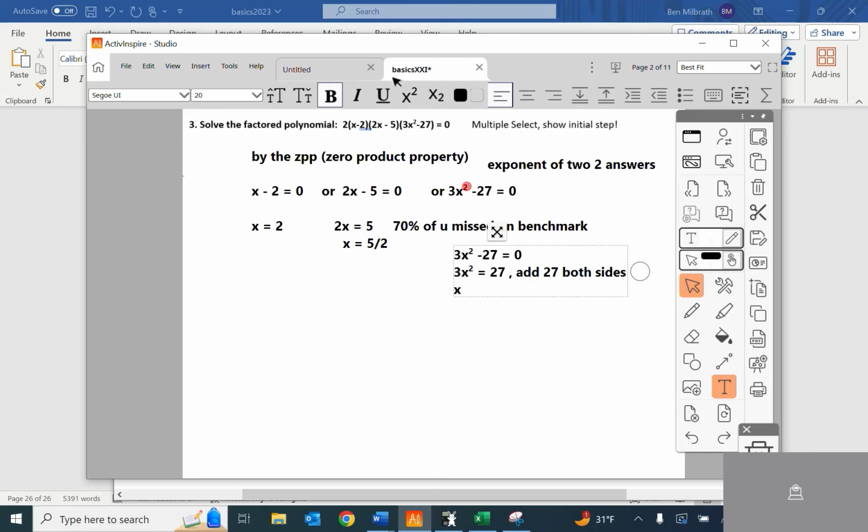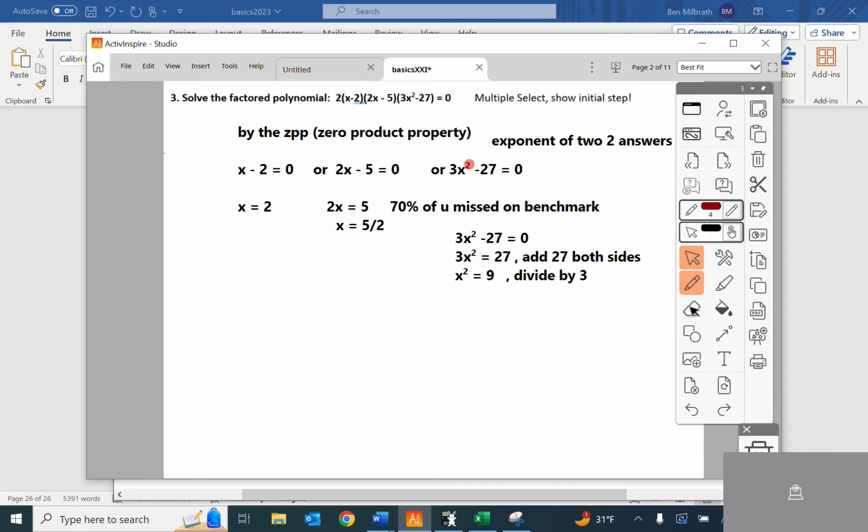And if you're thinking the next step is to divide by 3, you are also 100% right. And the next step would be to take the square root of both sides. And I have to write this out. So we take the square root of both sides. We introduce the plus or minus symbol. The square root of x squared is x, and the square root of 9 is plus or minus 3. Like I said, 70% of you missed this because you forgot the plus or minus symbol.